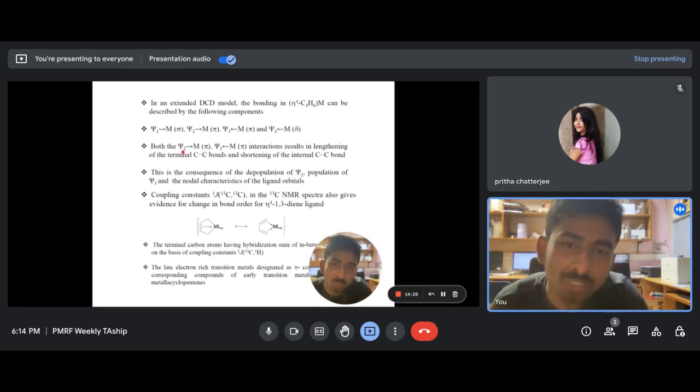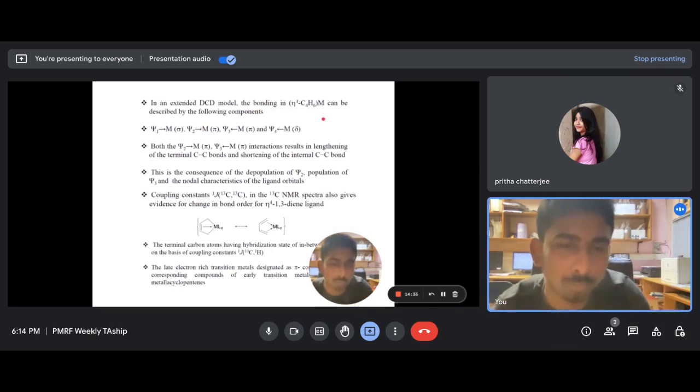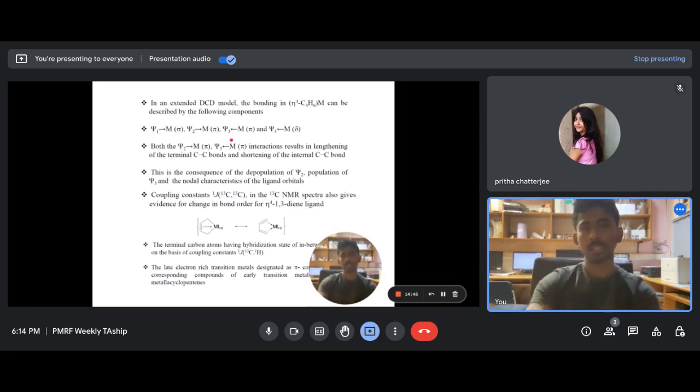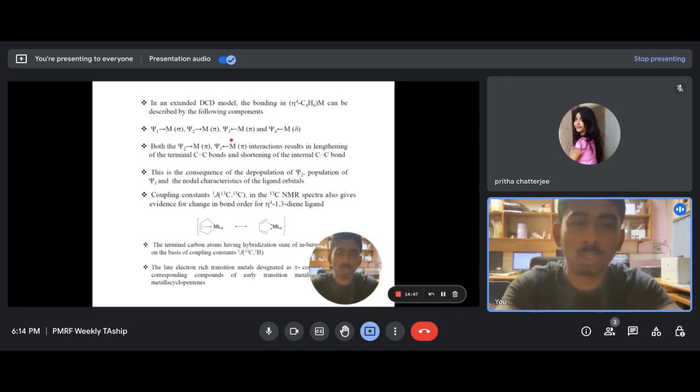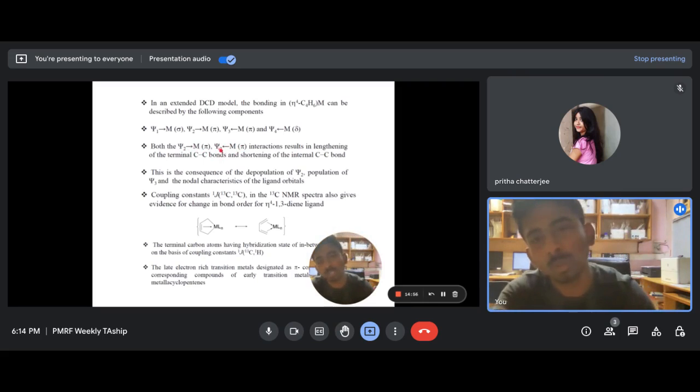Psi2 is the HOMO, because C4H6 has totally 2 pi bonds, so there will be 4 pi electrons: 2 pi electrons in Psi1 and 2 pi electrons in Psi2. So Psi2 is the HOMO and Psi3 is the LUMO in a conjugated diolefin system. From the HOMO there will be donation of electron to the M-pi, and from the M-pi there will be back donation of electron to the LUMO.